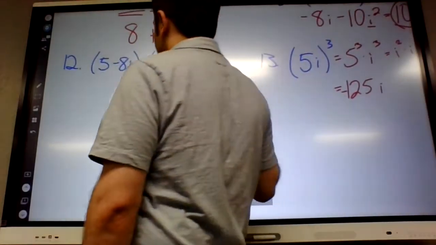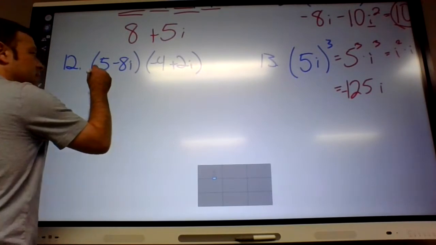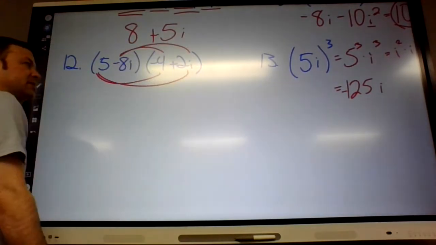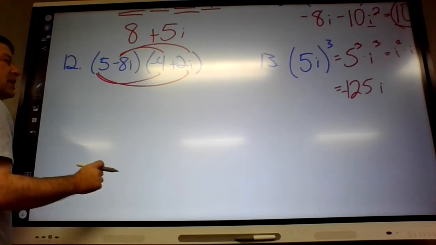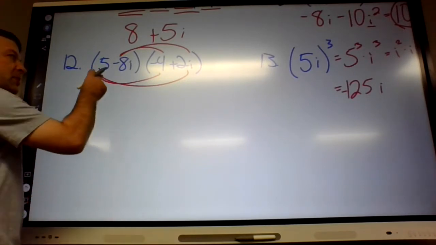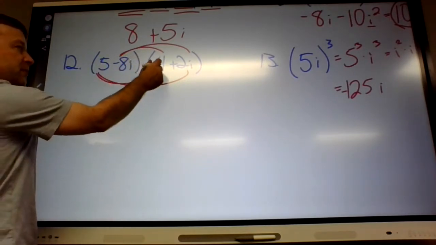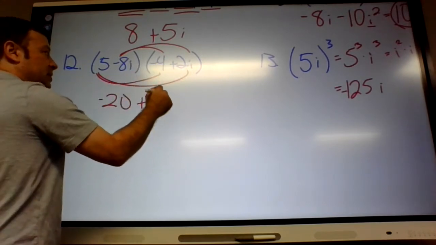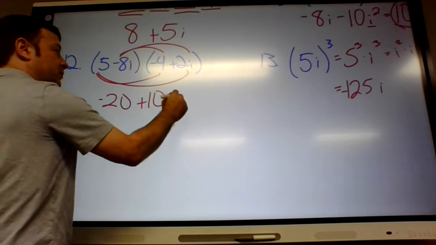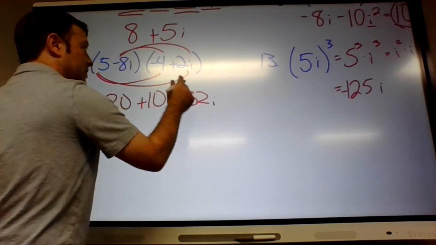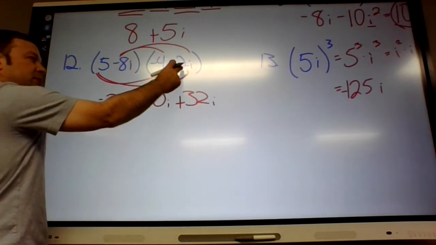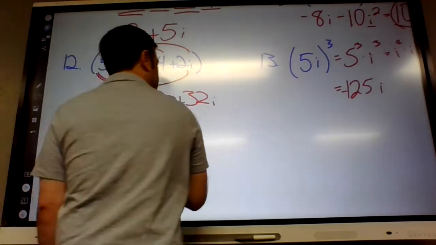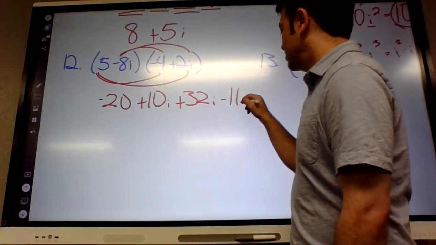What kind of problem is 12? I skipped it. Well, FOIL. So first, outside, inside, last. You can think of it as distributive property if you want to, but 5 times negative 4, 5 times 2i, negative 8i times negative 4, negative 8i times 2i, this is the part that tricks people, negative 16i squared.